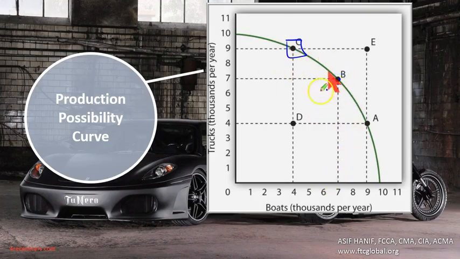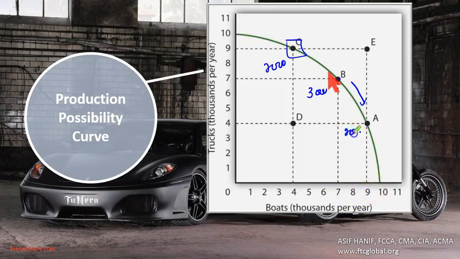So in order to get 3,000 extra boats, I will have to sacrifice 2,000 trucks. Okay, let's say I want to increase my production of boats to an even higher level. For that I have to move from point B to A. Now in this case, how many more boats do I get? 7,000 to 9,000.